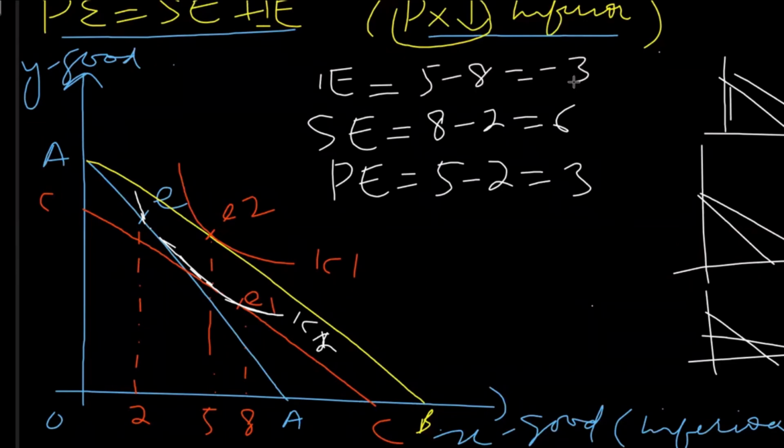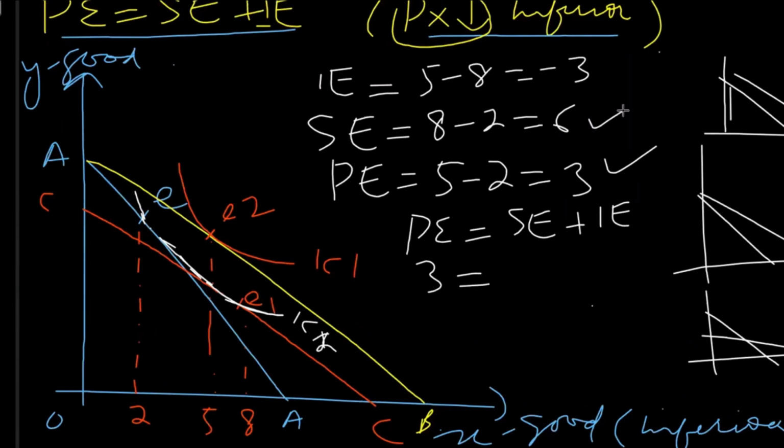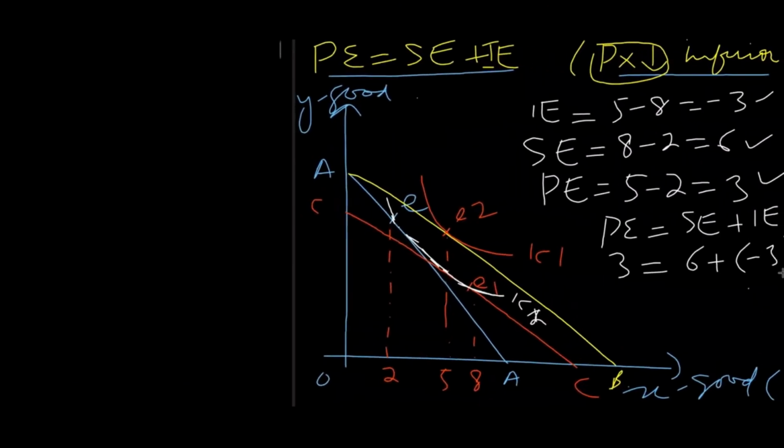So now we can see that the income effect is negative, the substitution effect is positive, and the price effect is also positive. Now we will put these values into the condition which we are trying to prove, that is price effect is equal to substitution effect plus income effect. Price effect is equal to 3, so put value 3, and substitution effect is equal to 6, and income effect is equal to minus 3.